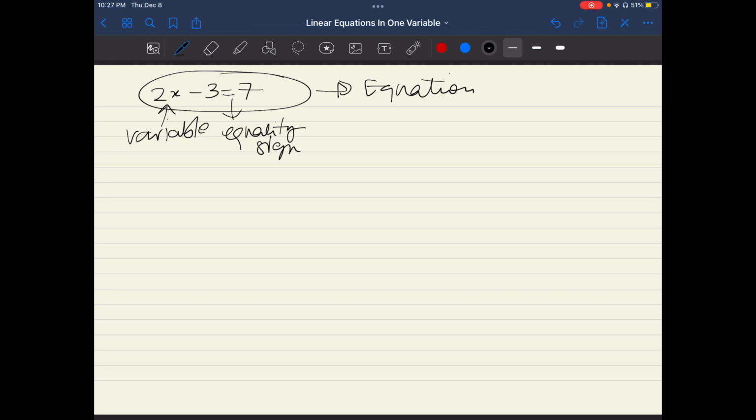Expression to the left of the equal sign is called left-hand side, or LHS. An expression on the right of the equal sign is called RHS, or right-hand side. In an equation, values on the LHS and RHS are equal. So this is true only for certain values, and these values are called solutions.